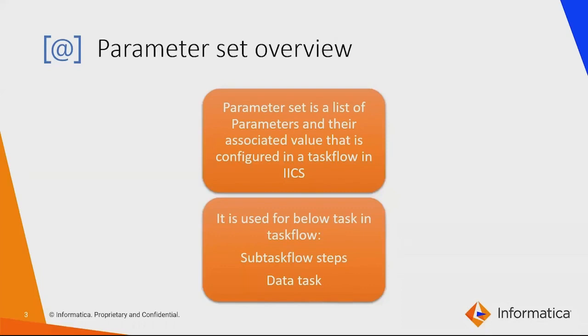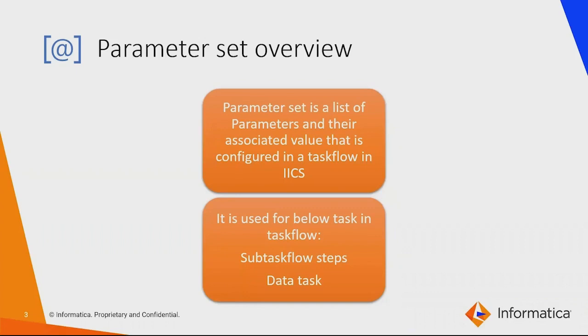So what is this parameter set? A parameter set is the list of parameters and the values that you can configure in the task flow. You can assign a parameter set to provide values for the task flow as input parameters, and you can use the parameter set to define values that you want to update without having to edit the task flow.